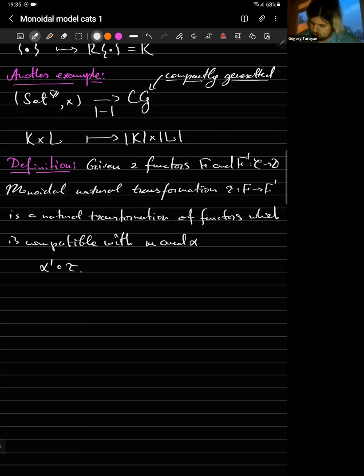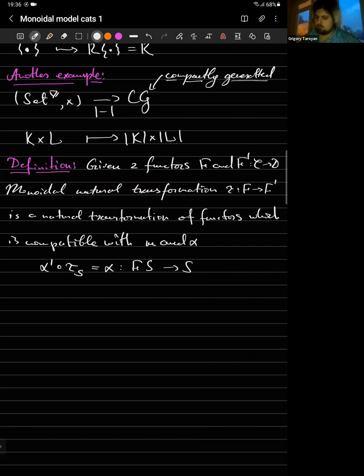So we have this identity. So an isomorphism between units is compatible with natural transformation on units.